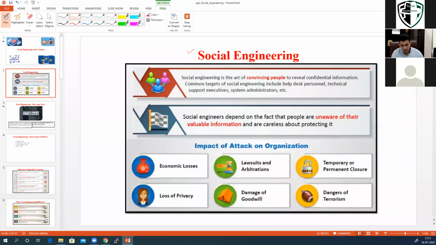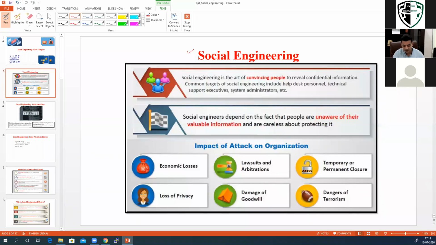I can define social engineering as an act of stealing information from humans. If somebody tries to steal some information from you by using some tricks, then that is termed social engineering. As it does not have any interaction with the target system or the network, it is considered a non-technical attack.